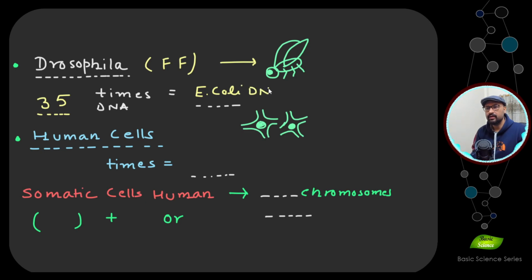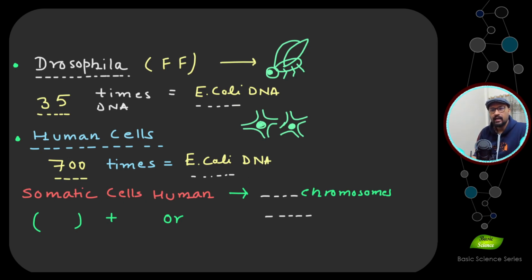So when we compare the E. coli DNA with Drosophila, it will be 35 times. Next, when it comes to human cells, against the E. coli DNA, it is approximately 700 times. So these are some of the numbers that you might be interested in. That means the human DNA is 700 times bigger, or longer, I would say, as compared to the E. coli DNA.